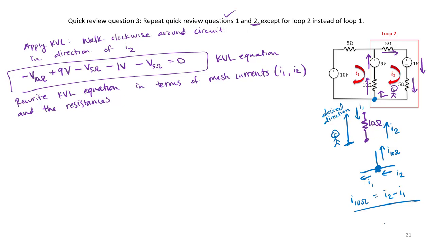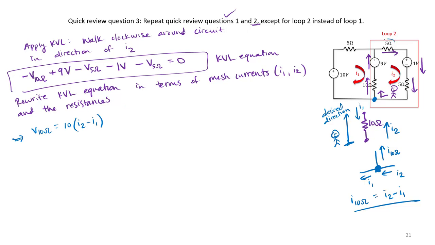Both current I2 and I1 can flow through that 10 ohm resistor, so it's very important that we correctly capture that in our equation. So the voltage across a 10 ohm resistor becomes 10 ohms times our current, which was I2 in the direction we want, minus I1 opposing us.